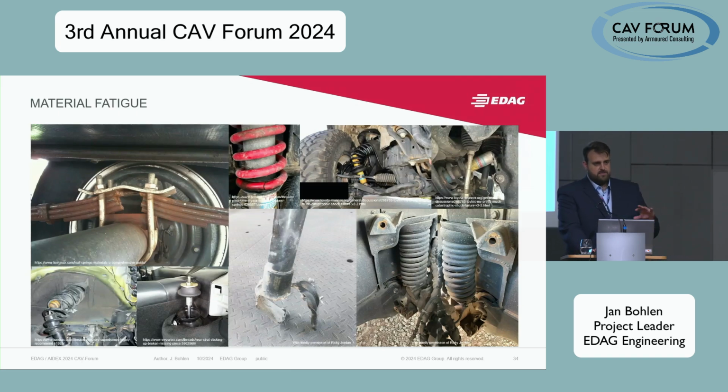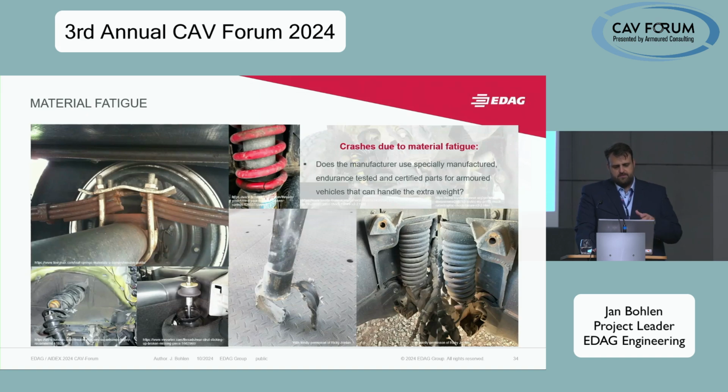This is not only applicable to wheels, tires and rims, but also to chassis parts and any other part of the vehicle. But I think this is the most plausible way to show it here.